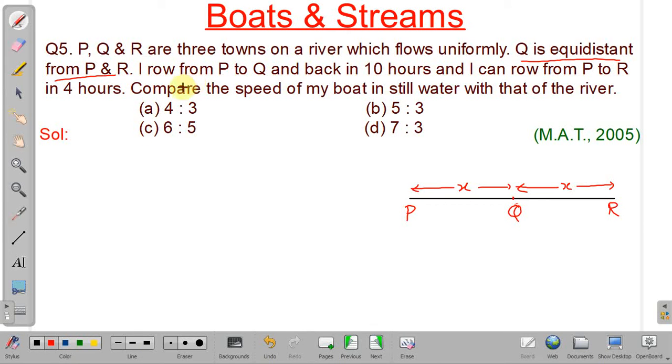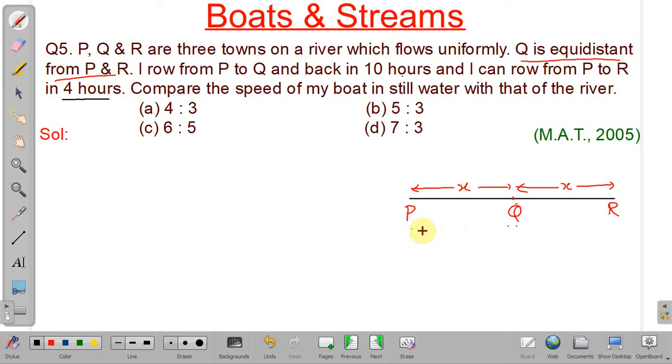Now it is given I row from P to Q and then come back in 10 hours. Okay, so going from P to Q and coming back to P, it is taking 10 hours. And I can row from P to R. So P to R, it is taking only 4 hours.